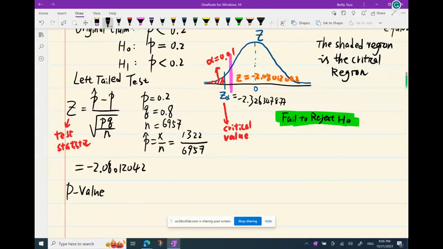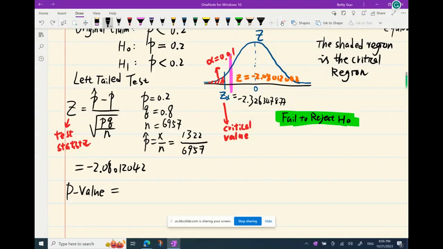The p-value is a probability. Very important: it's called a p-value, but it's not actually a value, it's a probability. What area? It is the area to the left of the test statistic in the graph.